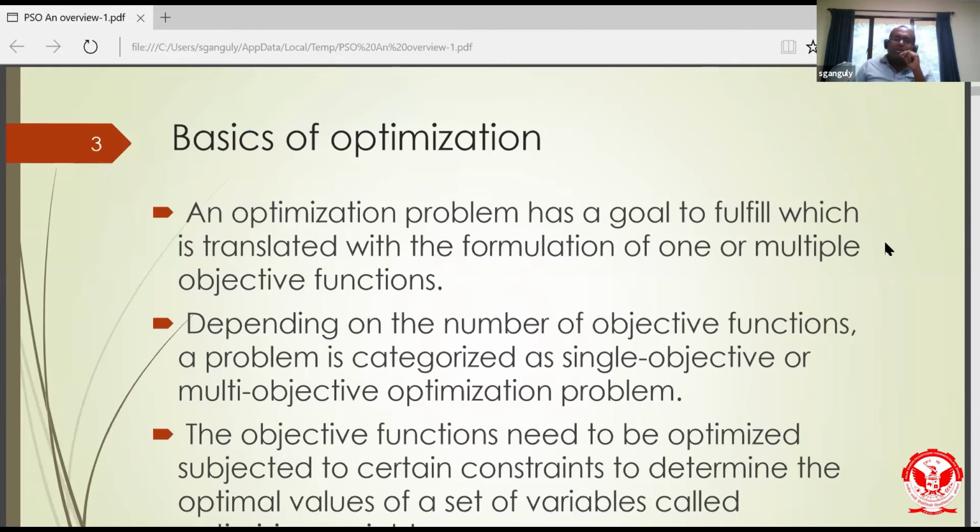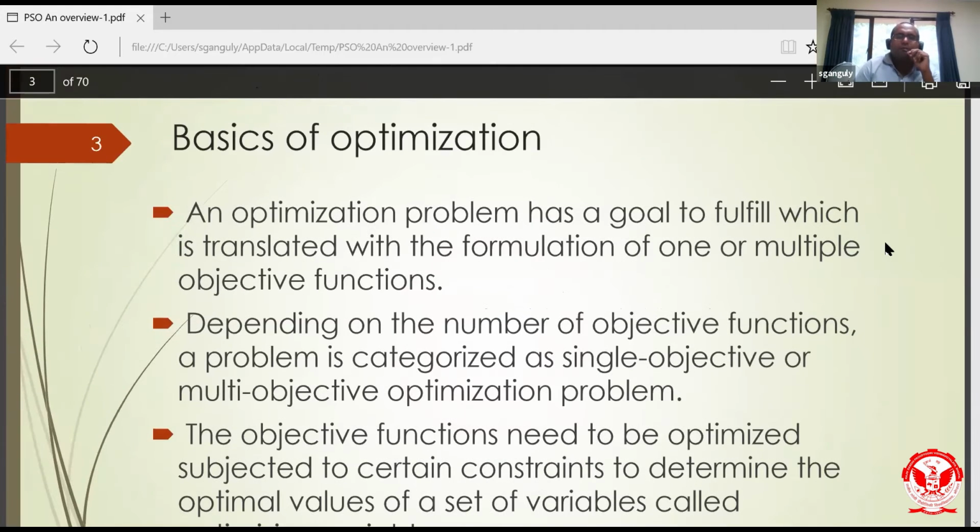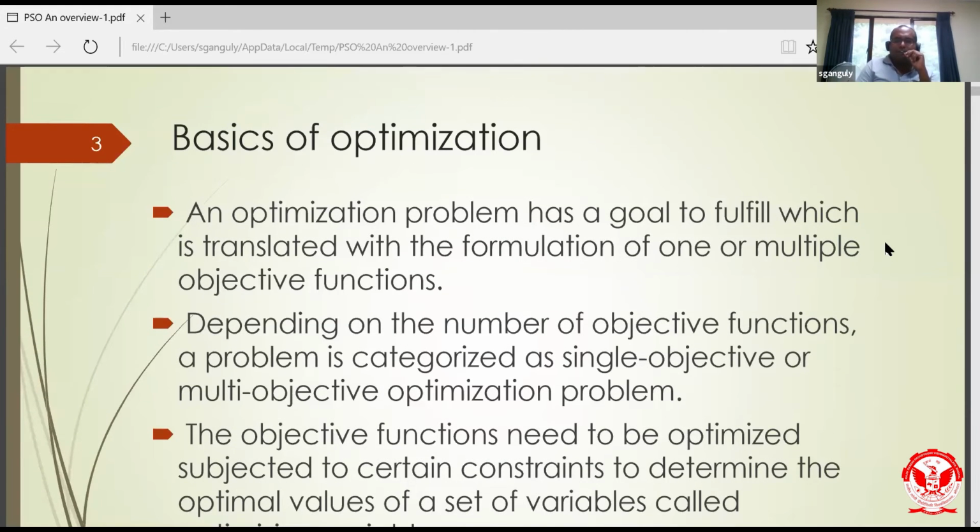Now, this is not the only element of optimization. With that we have a number of constraints. One or multiple optimization objectives need to be optimized under certain constraints.